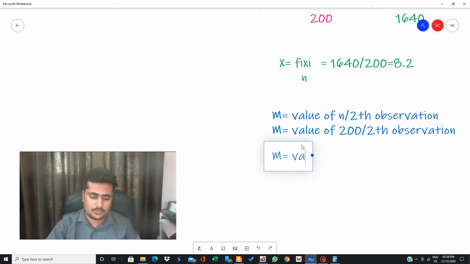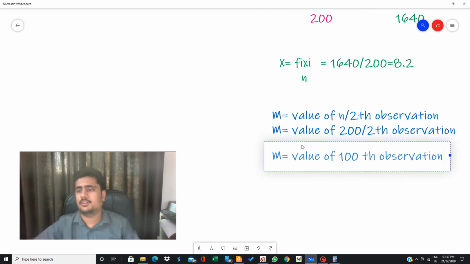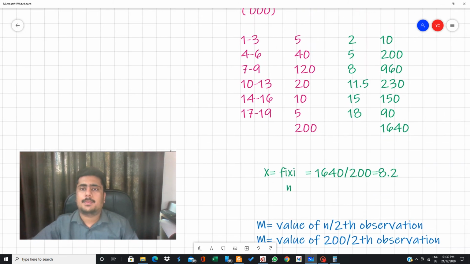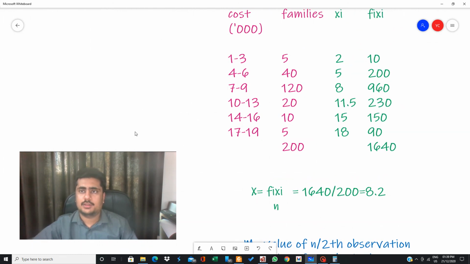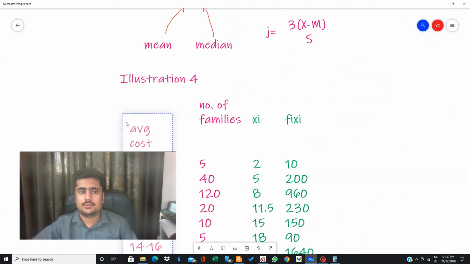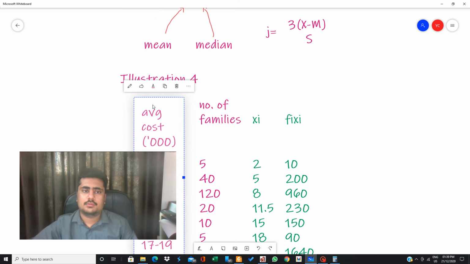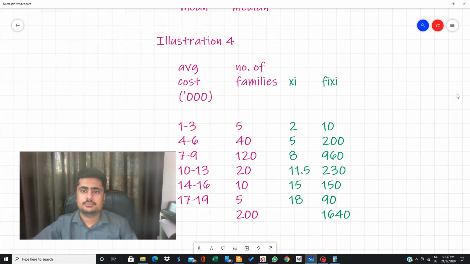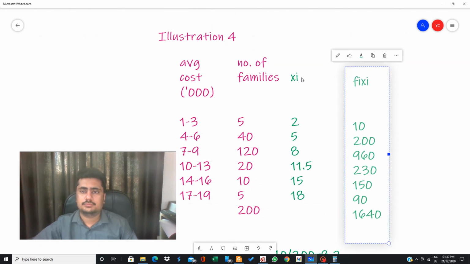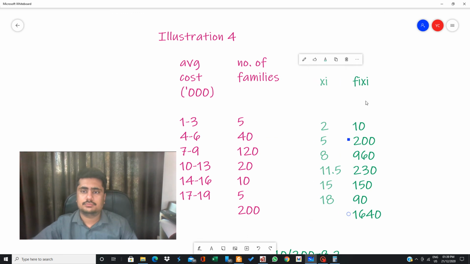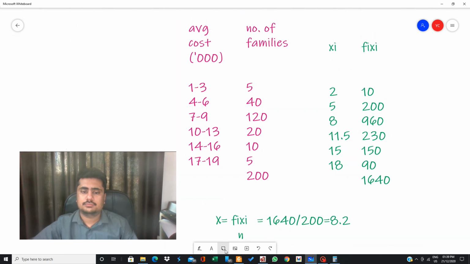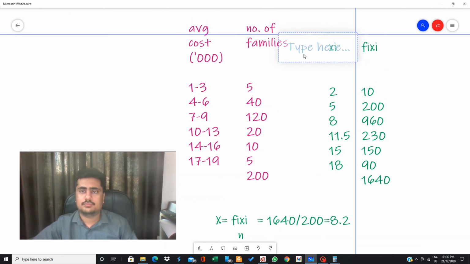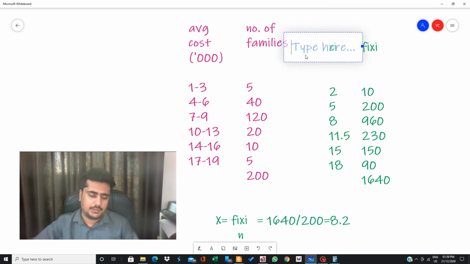So m is the value of the 100th observation. So to find this 100th observation, you have to calculate the CF.